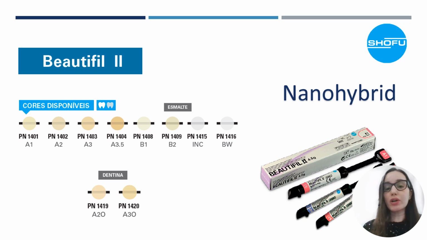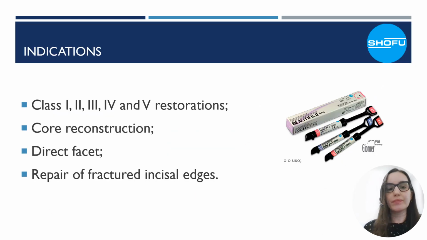And there is also a conventional version, a regular one, for this nanohybrid composite resin, which has the following indications: class 1 to 5 restorations, core reconstruction, direct facet, and repair of fractured incisal edges.